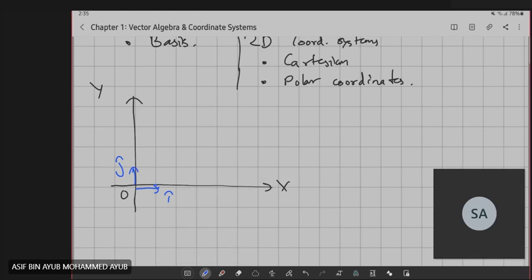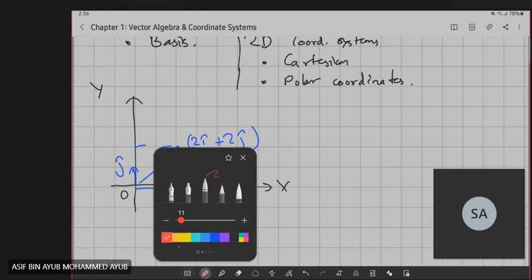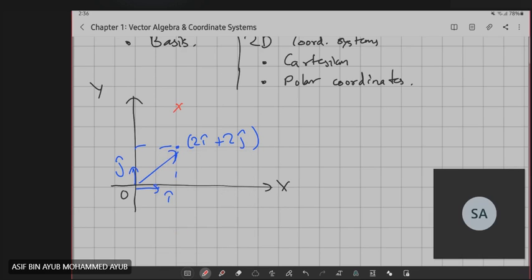If you want to go to this point, you take 2 times i plus 2 times j, and so on and so forth. Now, one thing that you have to notice is that no matter where I go in this coordinate system, suppose I go here, the i and j are the same. They don't really change. You'll see that this is not always the case.